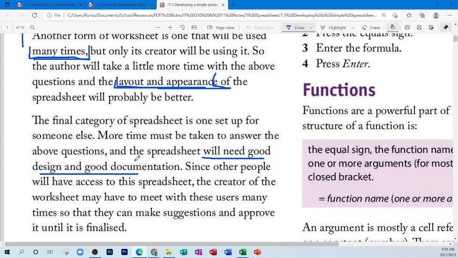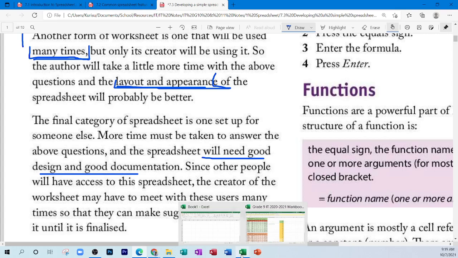Say for instance, your parents own a business, or you got employed by a business, maybe a supermarket, and they ask you to design a spreadsheet so that when you put in the items, it's going to calculate the price, it's going to calculate the VAT, it's going to calculate the total, all of the necessary information.